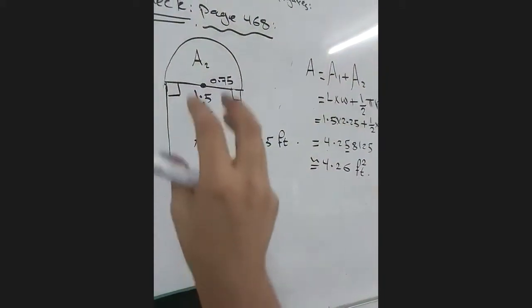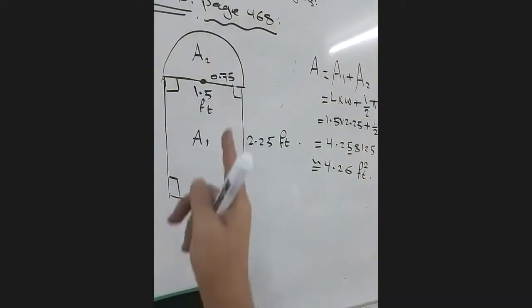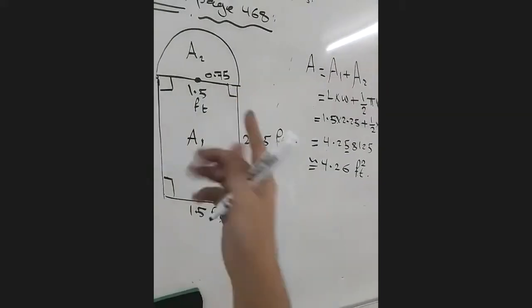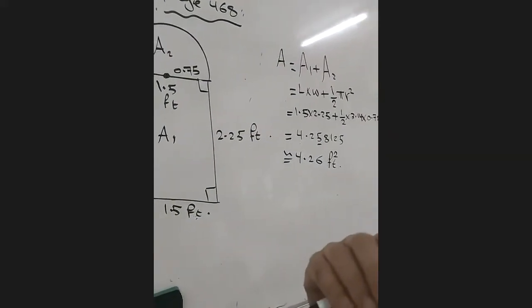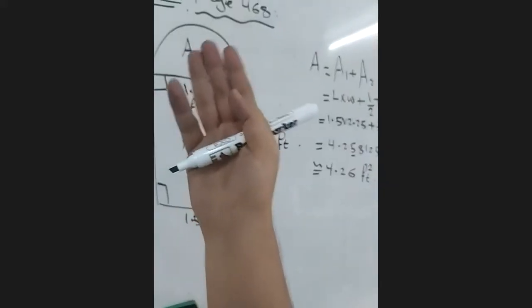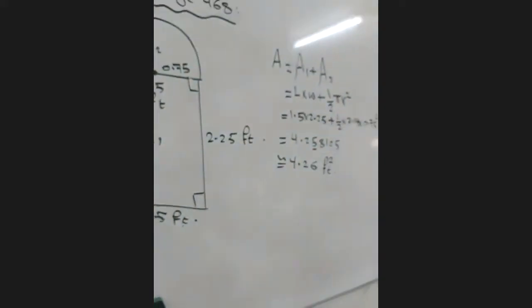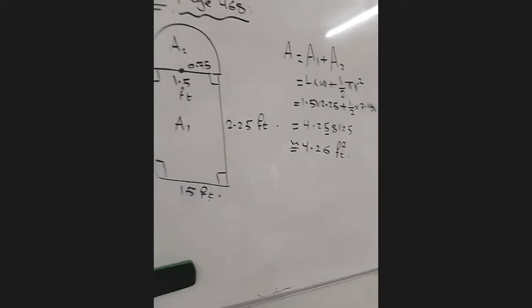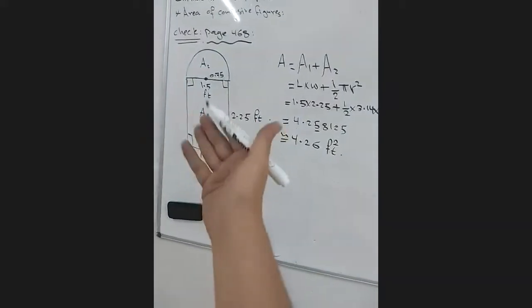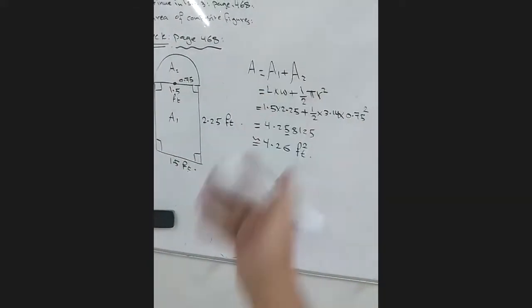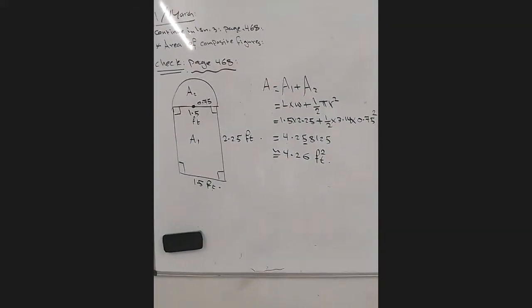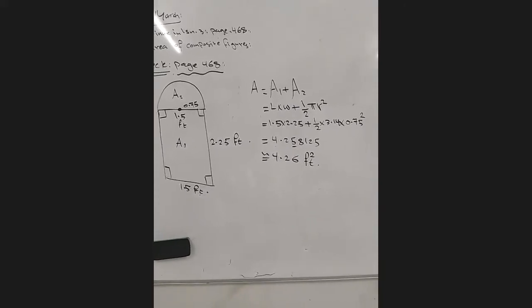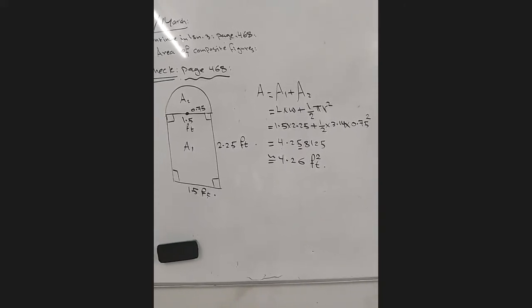So here I divided the whole area into area 1 and area 2. Area 1 is a rectangle. Yesterday we took the area of the rectangle. Area 2 is half of a circle, a semicircle. In the area of circles, we took them. Then I use the formulas for each one to find the whole area. This is the check, page 468, guys. Do it quickly, please.